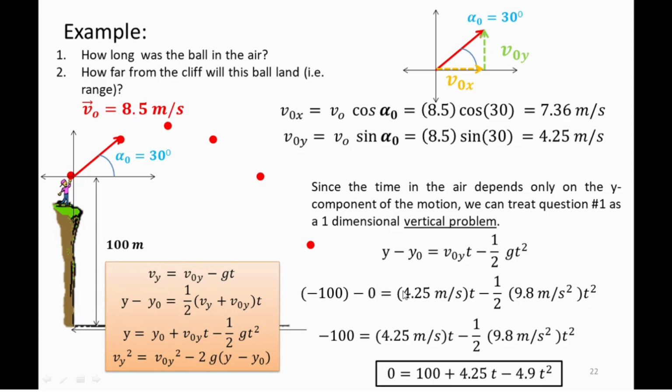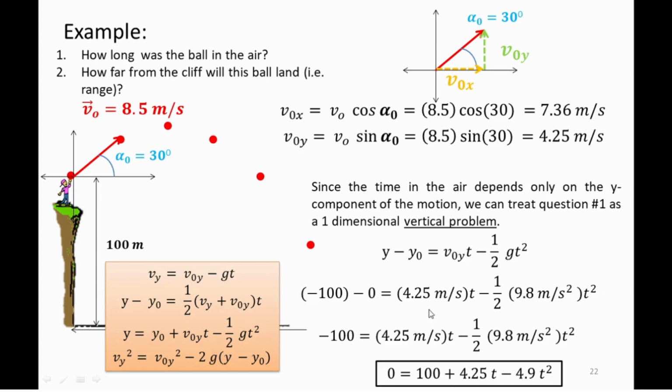That should be equal to the y component of the initial velocity, because we are using the y component here, 4.25 meters per second times the time, minus 1/2 of the acceleration due to gravity. This is already positive 9.8 meters per second squared because the negative sign is already reflected here. And then we multiply it with the square of the time.